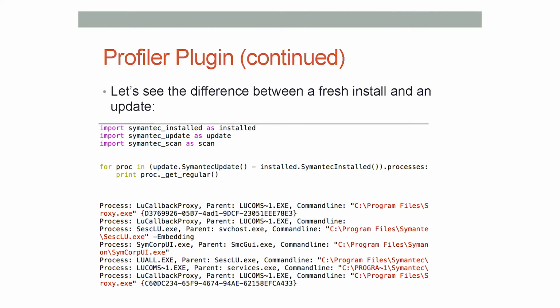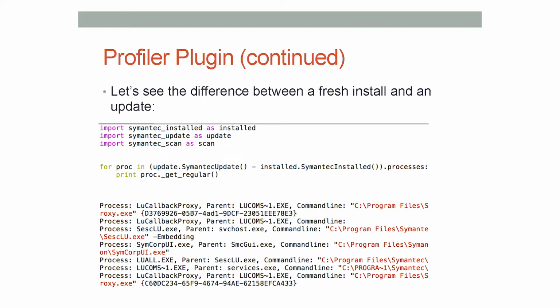So here I have a plugin which is just going to look at the difference between these different profiles. Actually, it's not a plugin. It's just a piece of code. So we're importing these different profiles that we had created previously. We're looking at the processes. So what we're doing is we're subtracting the installed processes. We're not interested in that.